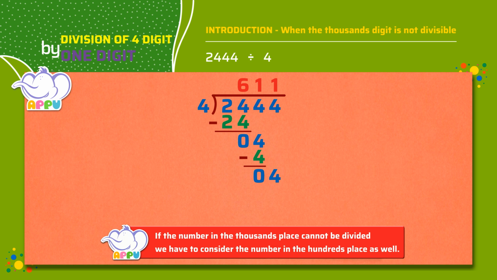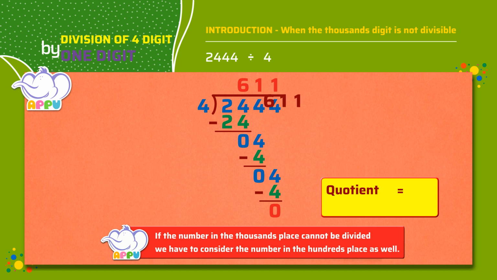We multiply 4 and 1, we get 4. We subtract 4 from 4, we get 0. We stop division because 0 is less than 4. So 611 is the quotient and 0 is the remainder.